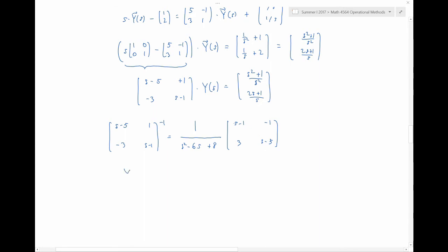Therefore, y of s equals 1 over s squared minus 6s plus 8, multiplied by s minus 1, 3, and s minus 5, which is multiplied by the vector of the right hand side.